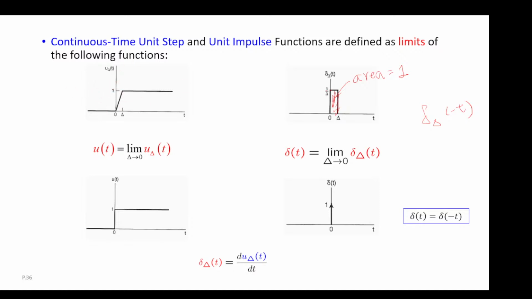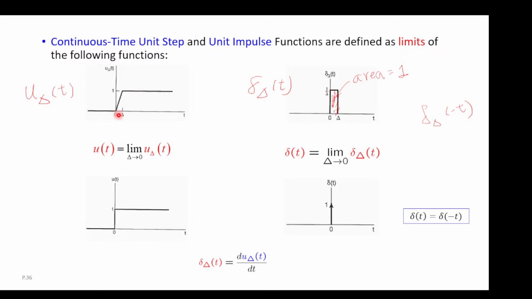Let me write it bigger. This is u subscript delta of t, and this is delta subscript delta of t. You see this function is also kind of a step, but with finite slope. It has a slope of 1 over delta.